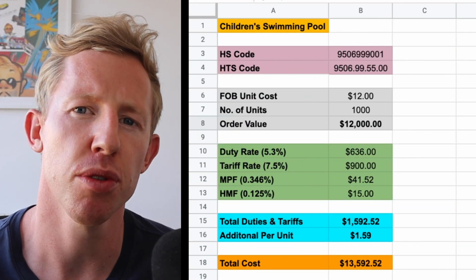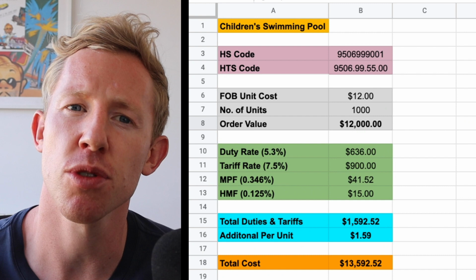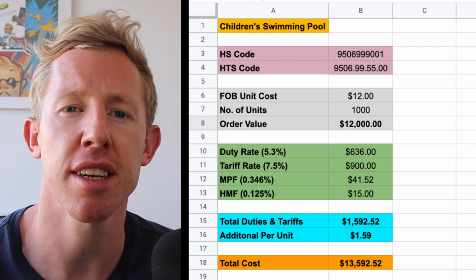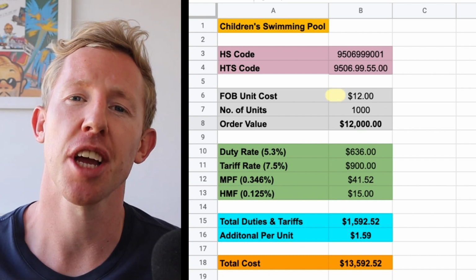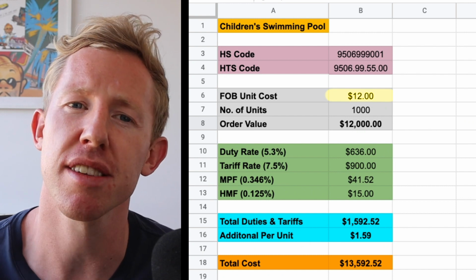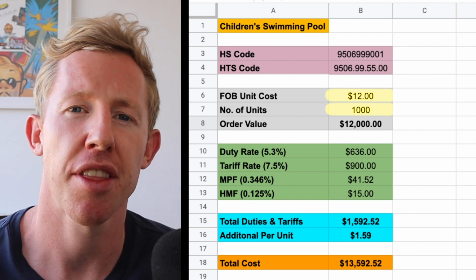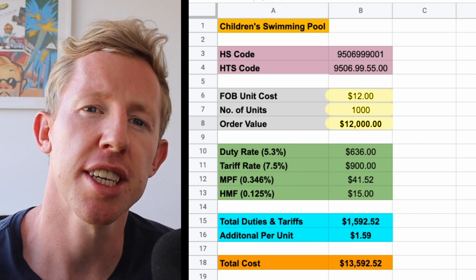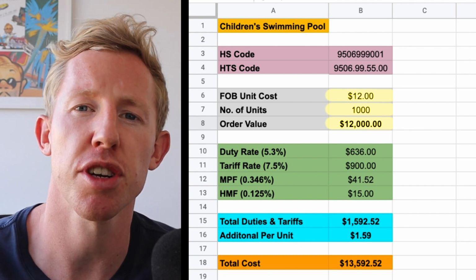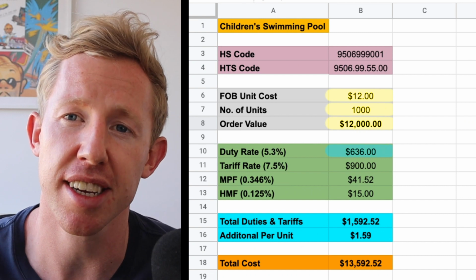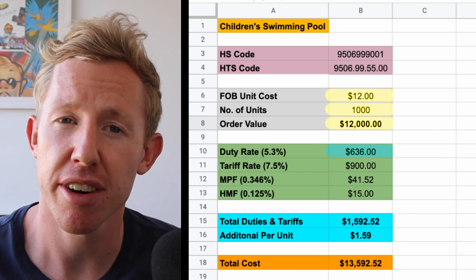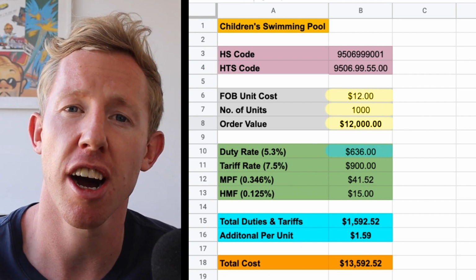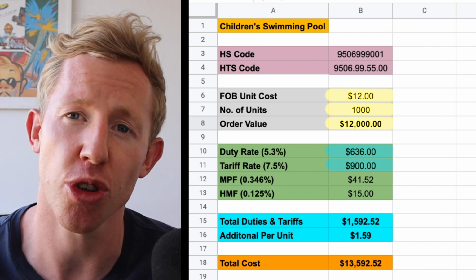So unit value, based on FOB terms, which check out my next video on shipping to learn more about what that means, is going to be $12. So the number of units are 1,000 and the commercial value is then $12,000. So let's work out the duties. We've got 12,000 times 5.3%, so that's $636. We've got the tariffs, which is 12,000 times 7.5%, which is $900.